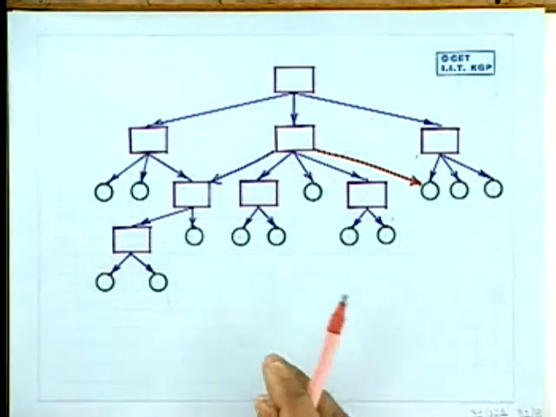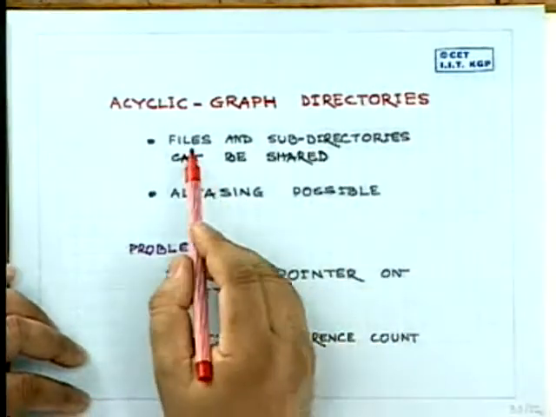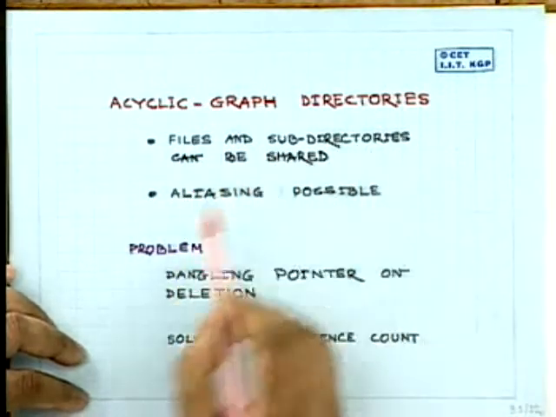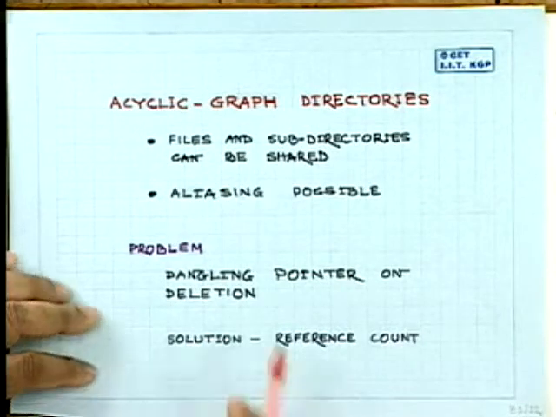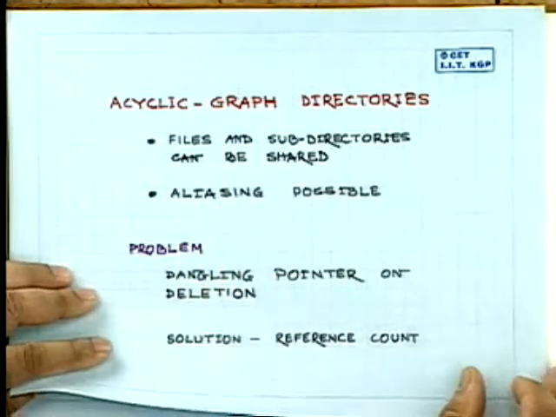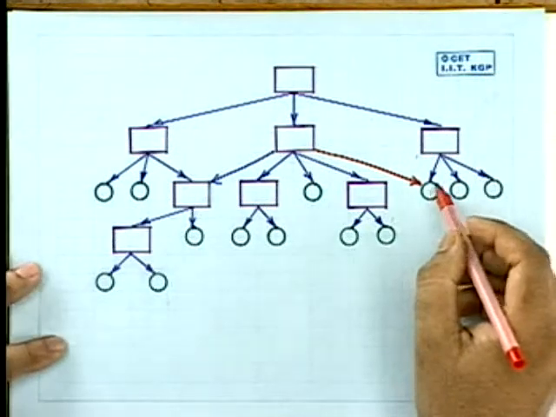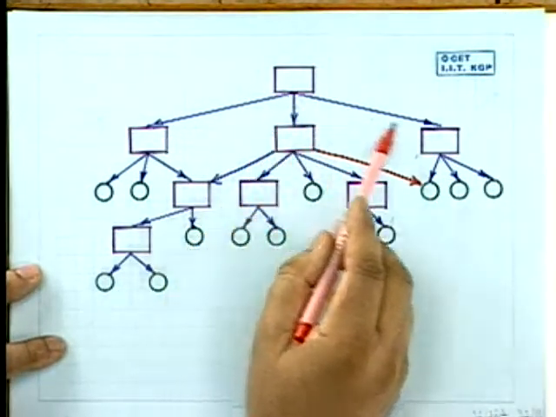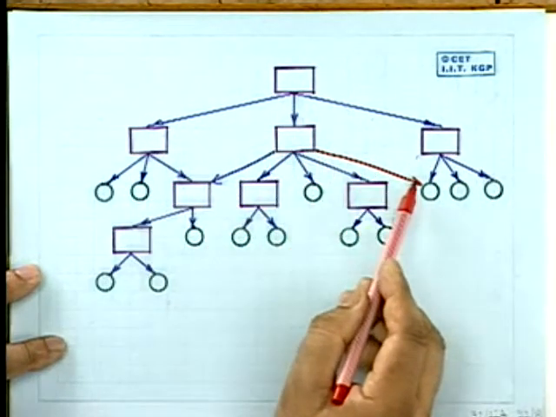Therefore, this is what we mean when we say that files and subdirectories can be shared if we go for acyclic graph directories, and that aliasing is possible. By aliasing we mean that this particular file now has an absolute path name like this, and an absolute path name by this.